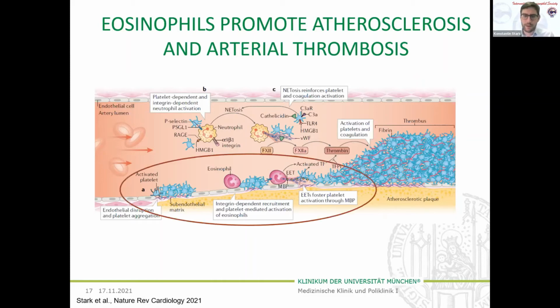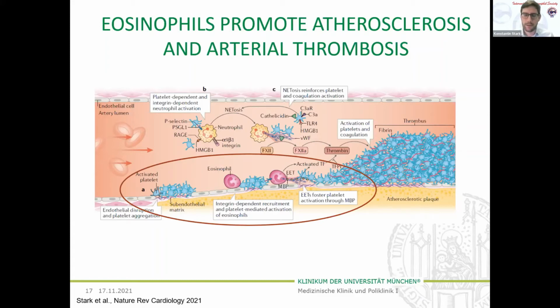But focusing on eosinophils, we see that platelets activate eosinophils, which then form eosinophil extracellular traps. These are decorated by major basic protein, which in turn fosters platelet aggregation.